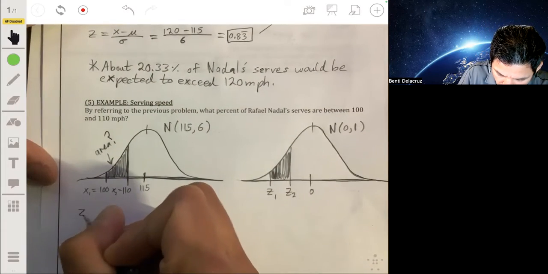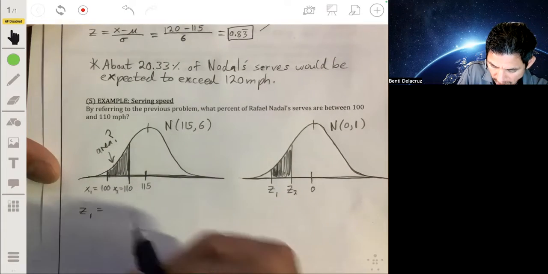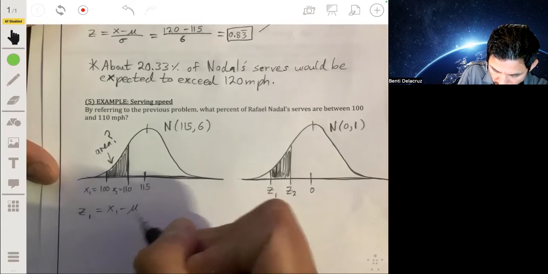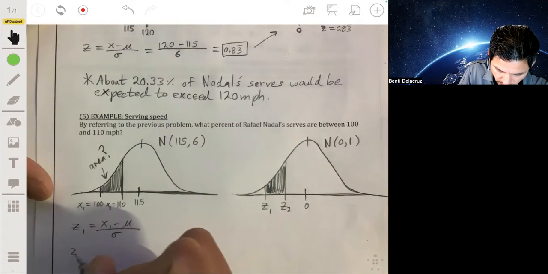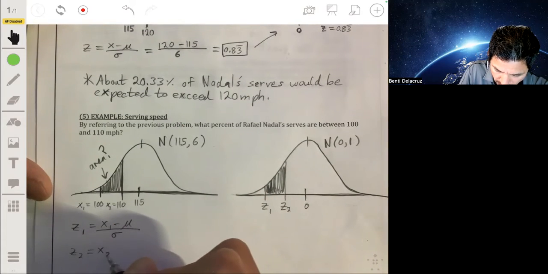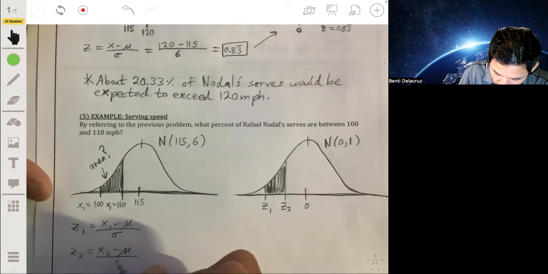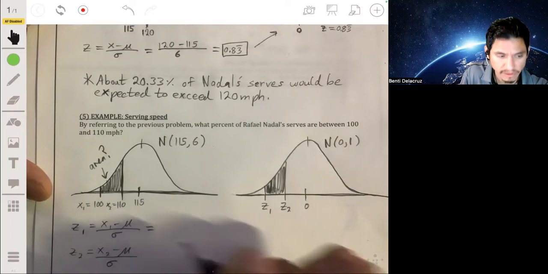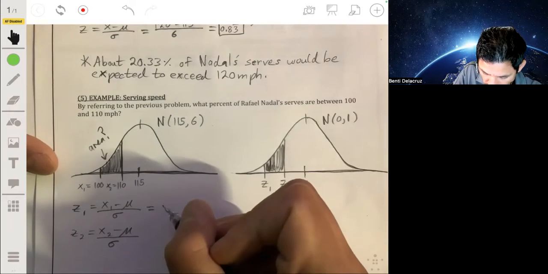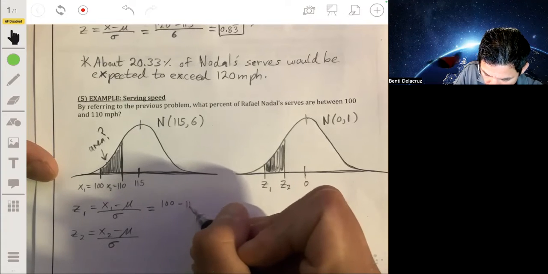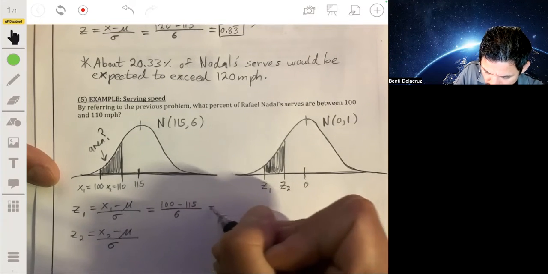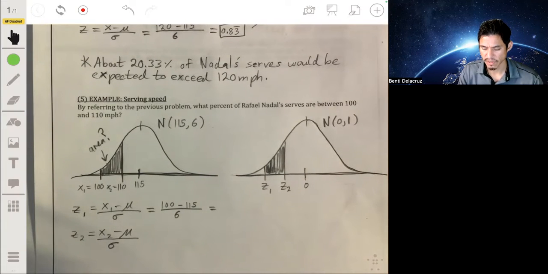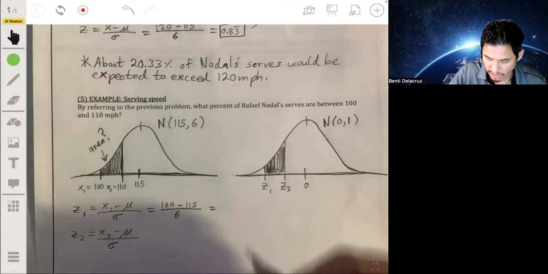So let's find Z1 first. Z1 will be X1 minus the mean over the standard deviation. And Z2 will just be X2 minus the mean over the standard deviation. And we can just evaluate those. So Z1 will be 100 minus 115 over 6, and negative 15 over 6, which I believe is negative 2.5.